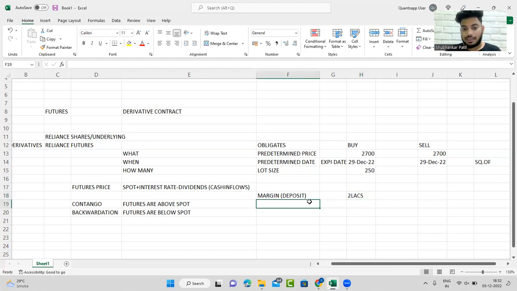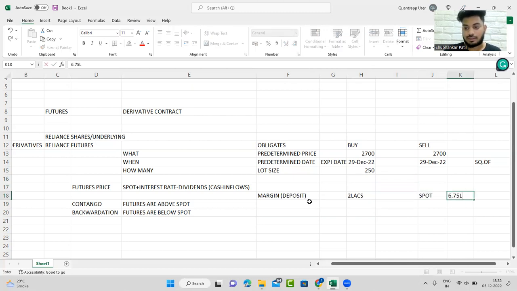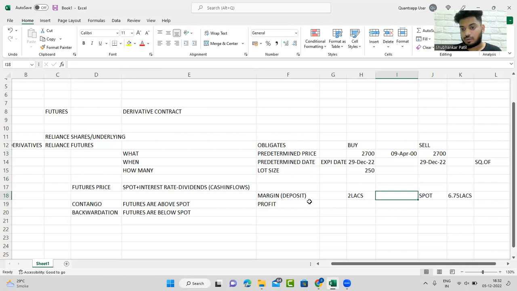Second thing is, when we talk about futures, let's say you have two trades, spot as well, 6.75 lakhs. Now let's assume that Reliance goes up by 100 points.